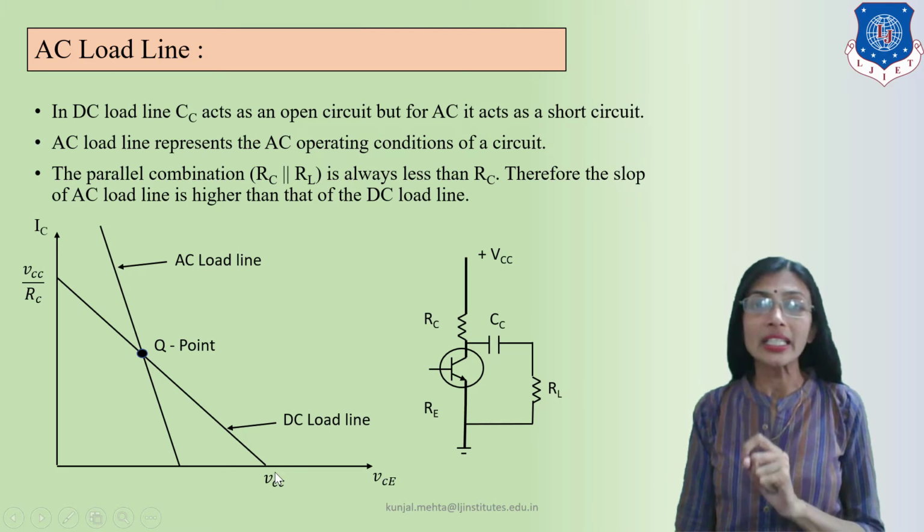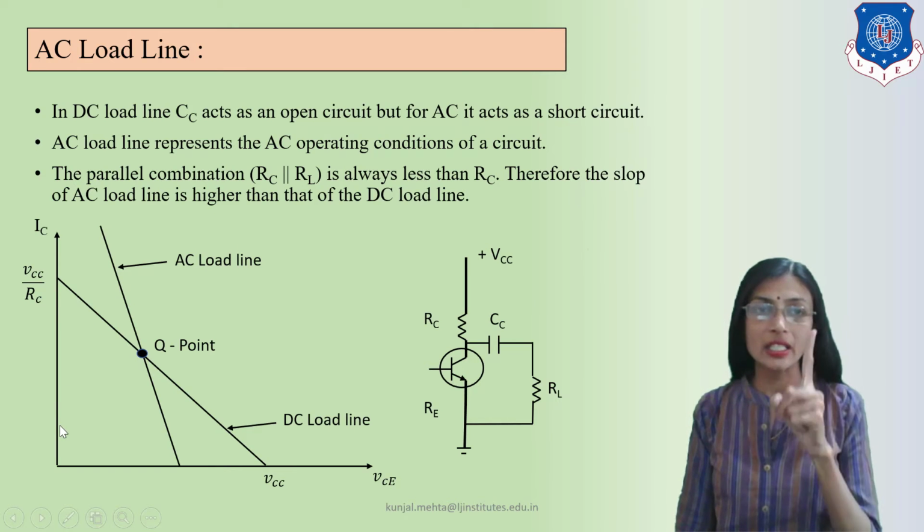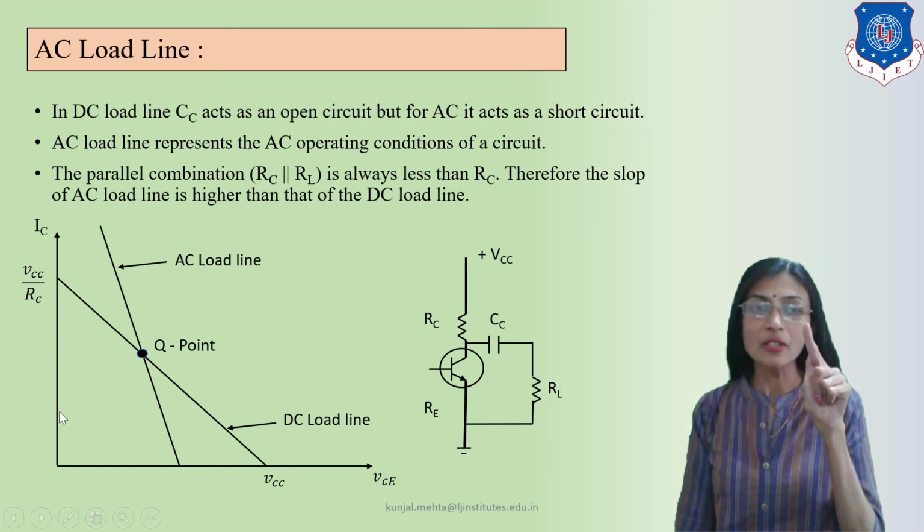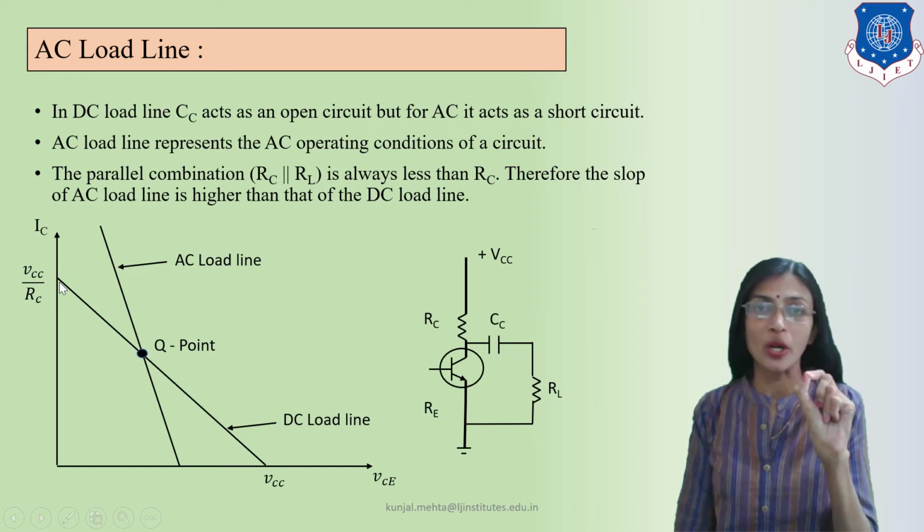And if we consider VCE equal to 0, then we will get another point, that is VCC by RC, and it will be on the y-axis. So on the y-axis we are getting another point, that is the saturation point.